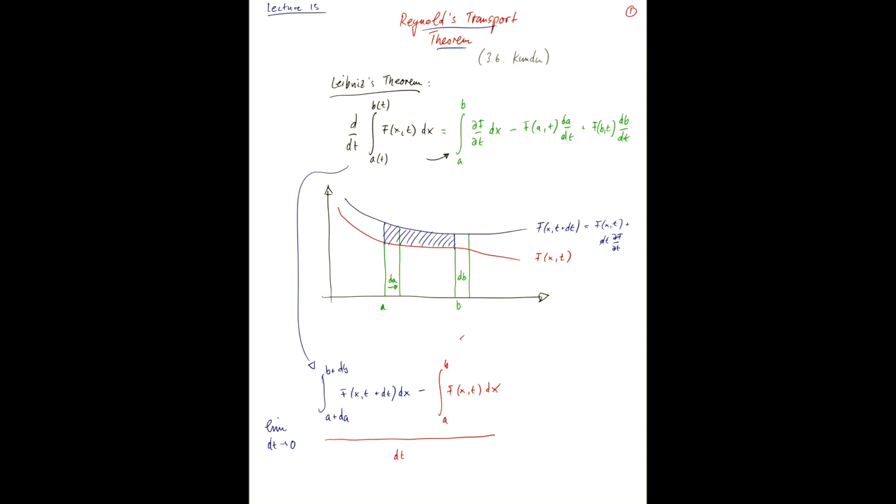So it's this area, minus f times dA/dt, which is this area. So the blue one is area 1. That's associated with area 1. The green one is area 2. Sorry, that should be red.